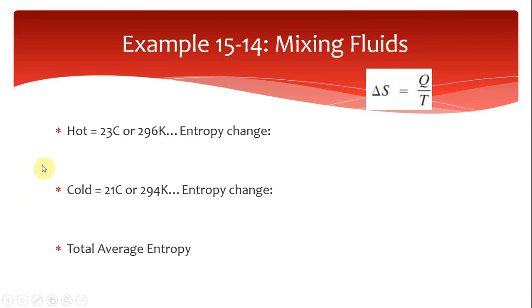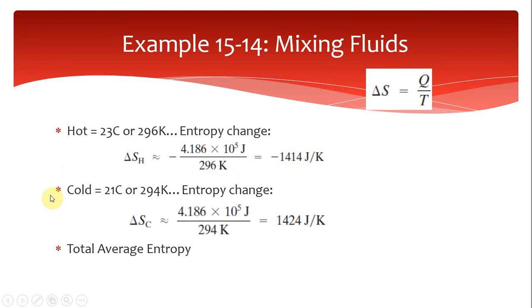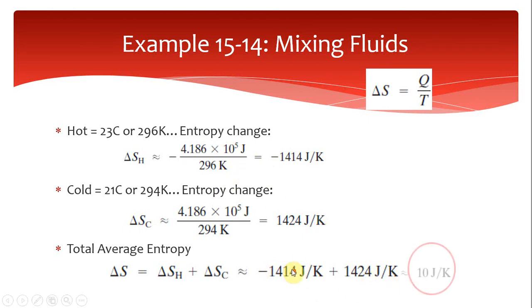Okay, the entropic change for the hot water is going to be 1,414 joules per Kelvin. The entropic change for the cold water is going to be 1,424 joules per Kelvin. The total change in entropy, based on these calculations, is 10 joules per Kelvin.